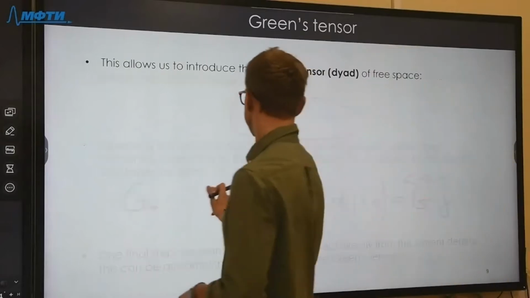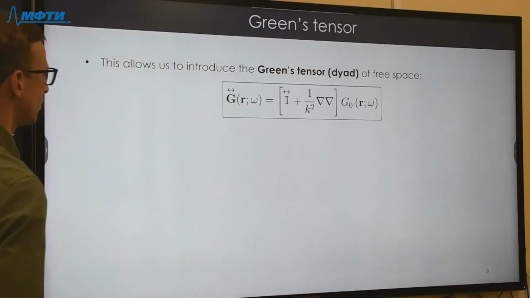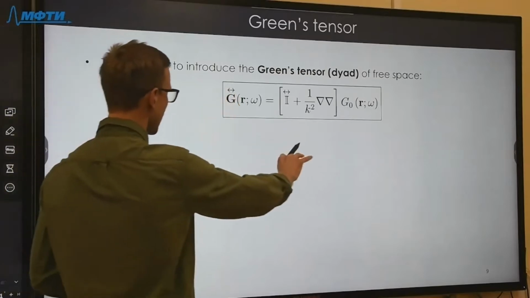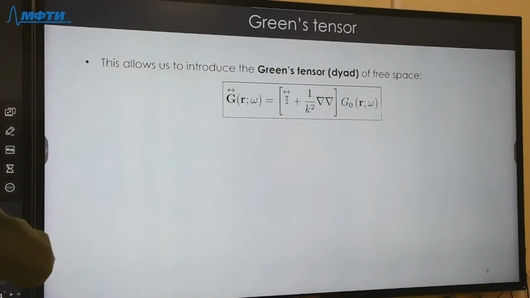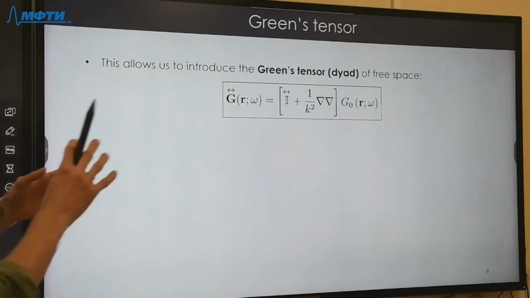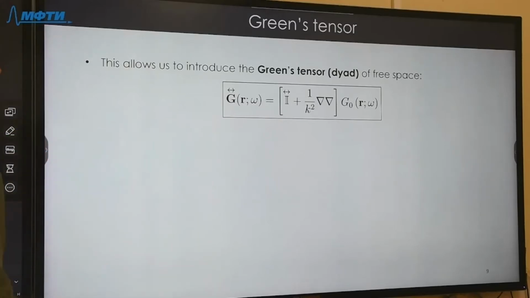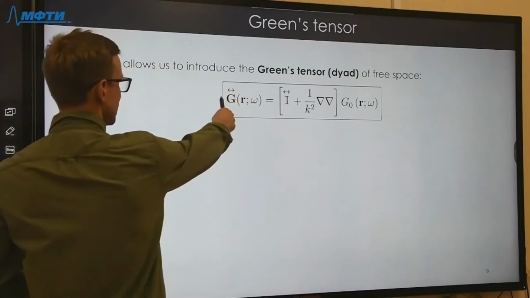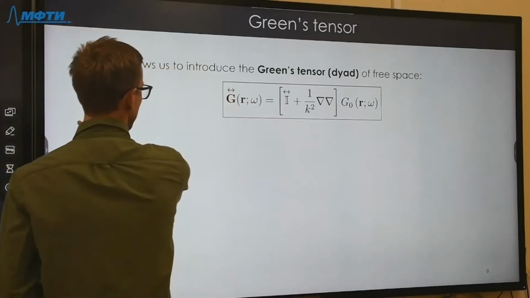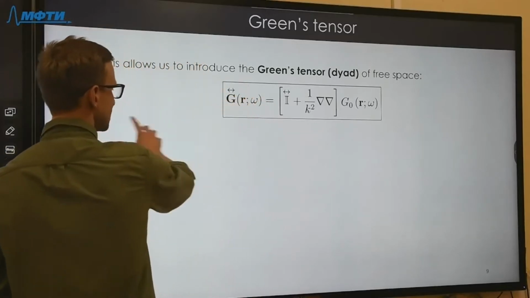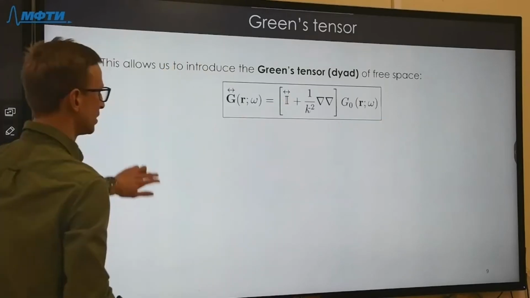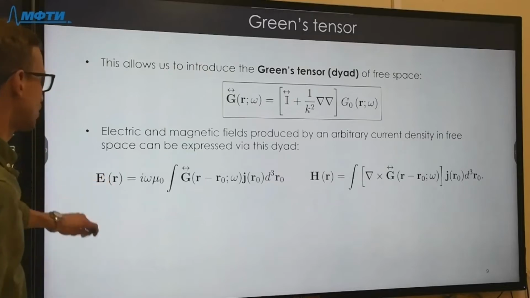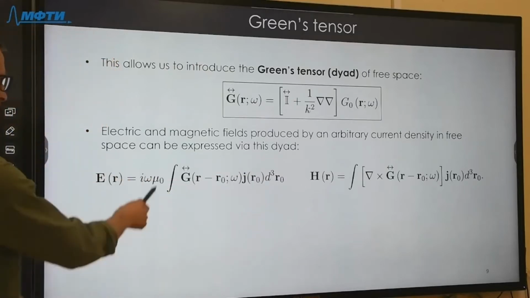And to that end, I'm introducing the following tensor. You can find the details of how we go from scalar Green to tensorial Green in Novotny, for example. So the point is, this is the Green's tensor, a 3×3 tensor, which contains these differential operators. We can write electric and magnetic field just in the way we want it.